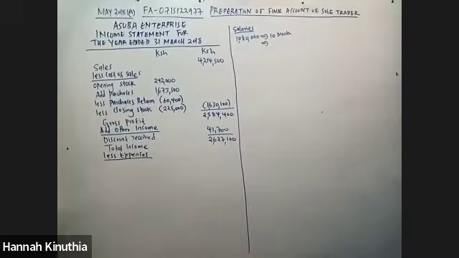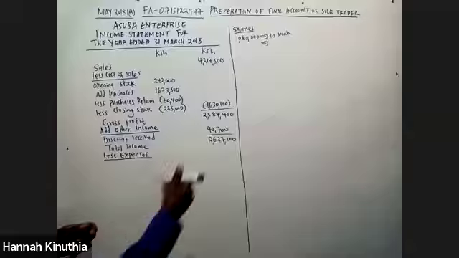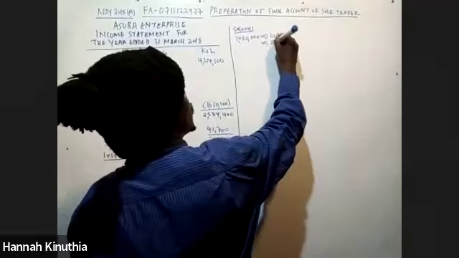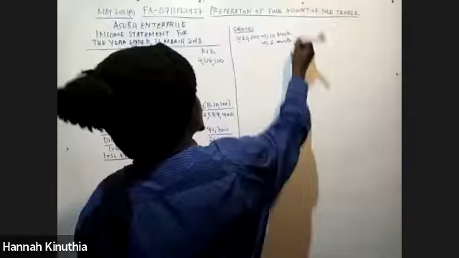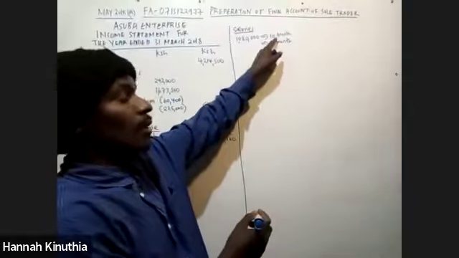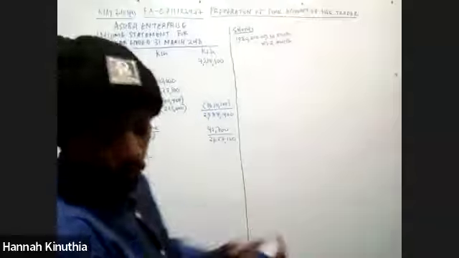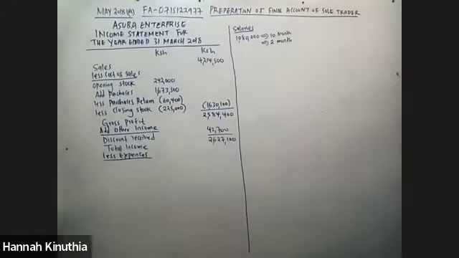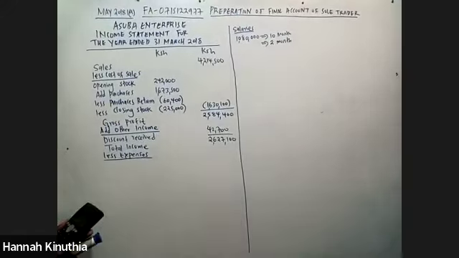Now, is it an accrual or a prepayment? Is it an owing or a prepayment? Yes, it's an accrual. So we need to find that accrual. It is for the 2 months we have not paid. We are supposed to pay for 12 months, but we have paid for only 10 months. So there is a 2 month balance, which is an accrual.